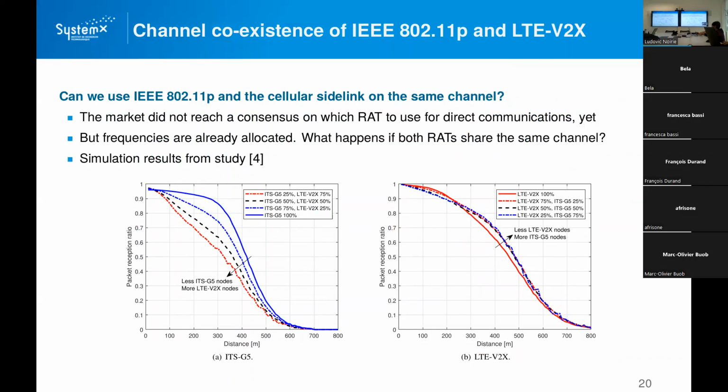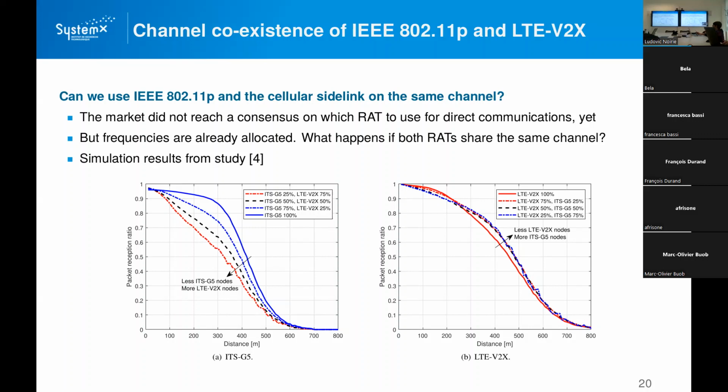This is a very interesting thing that I'm not going to talk about because I don't have the time, but on another occasion we can speak about it. This is what happens when you try to use the CV2X side link and ETS-G5 on the same channel. It turns out that ETS-G5 is very badly affected, while CV2X is happy, even if a fraction of the nodes speak ETS-G5.